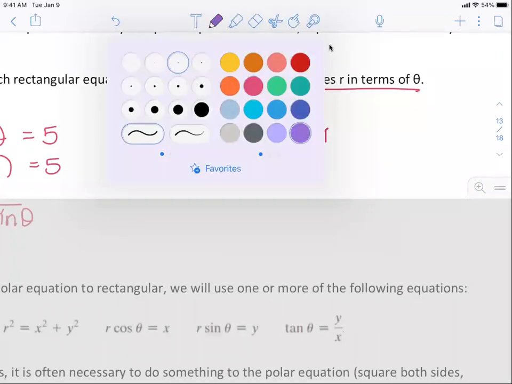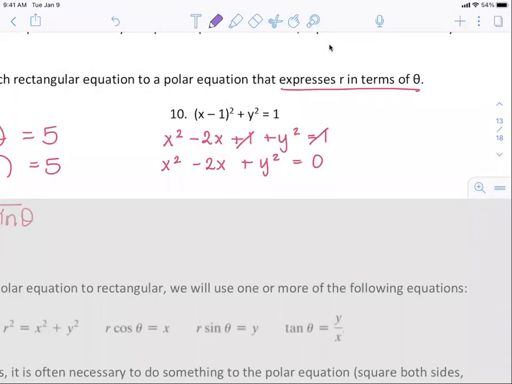Now we can go ahead and make our substitutions. So x is equal to r cosine theta. If I square that, we have to square both the r and the cosine of theta. So r squared cosine squared theta minus 2r cosine theta plus, y is equal to r sine theta, so this will be r squared sine squared theta equals 0.